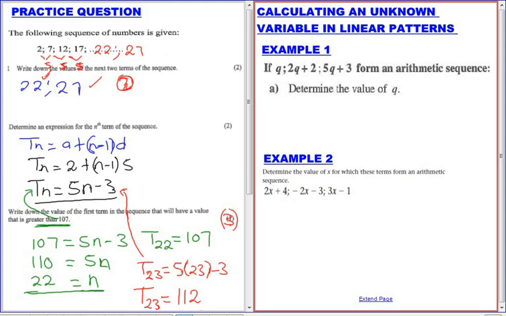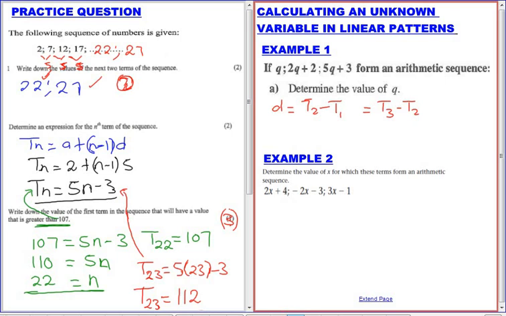Well, if you remember very well, I said that if you want the common difference, you can say T2 minus T1, or maybe you can say T3 minus T2. It really doesn't matter. You can say T4 minus T3, or you can say T10 minus T9.